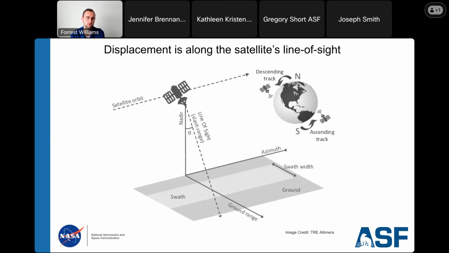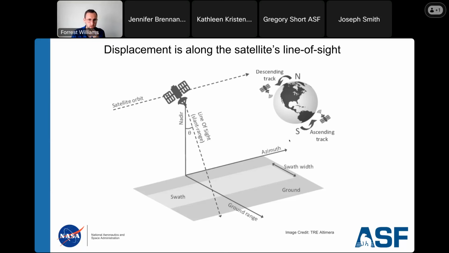So just make sure when you're working with these displacement data sets that you're keeping track of whether you are using ascending data or descending data. In particular, if you're new to working with this type of data, I recommend at first you stick with either just ascending or just descending data and work with them separately. There are ways to combine them to get a better measure of truly vertical displacement, but I won't get into that today.